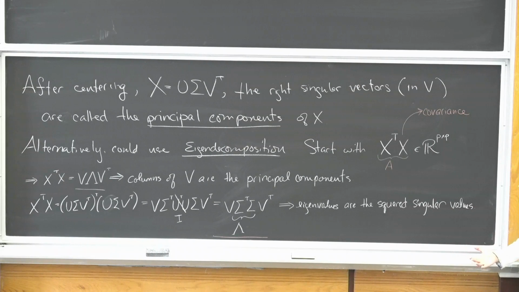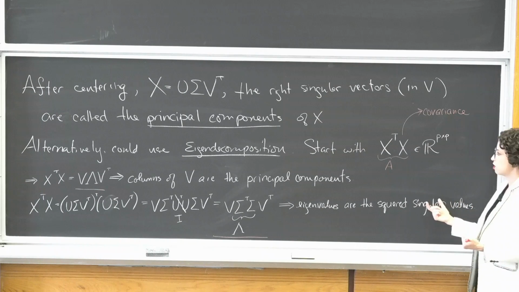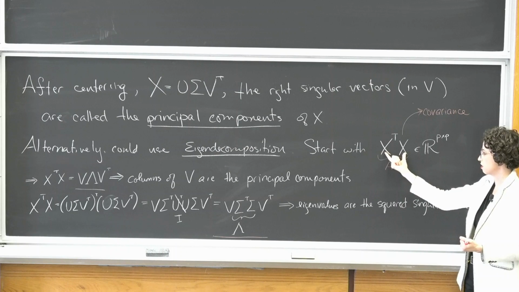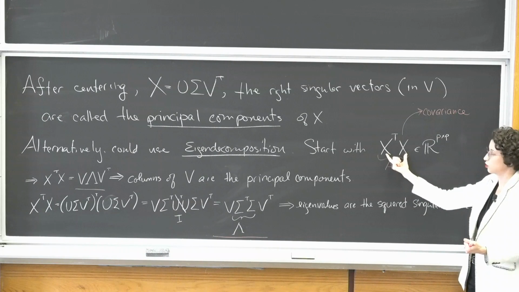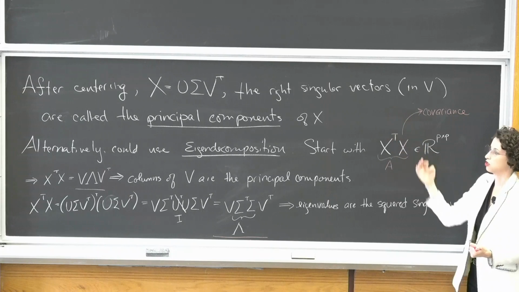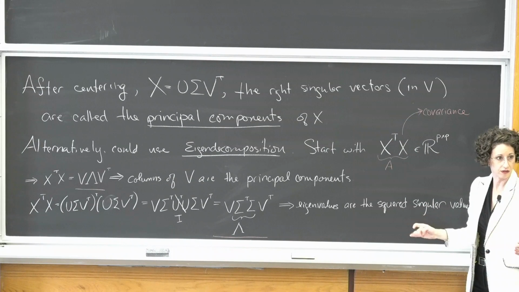So we talked before about how when we think about principal components analysis, or the SVD, that first basis vector v1 is capturing the direction in which there's the most variation among our samples. And so I can think about x transpose x as giving me measures of the variation among my samples in different directions. From that statistical perspective, many people find it much more natural to think about factoring this x transpose x matrix as opposed to starting with the SVD. But mathematically, they're equivalent.